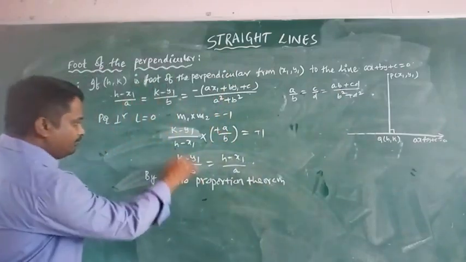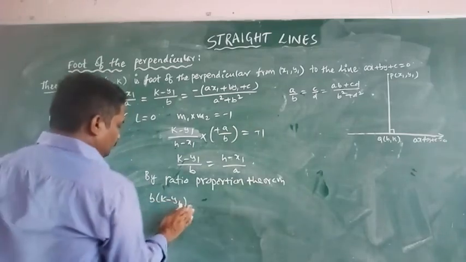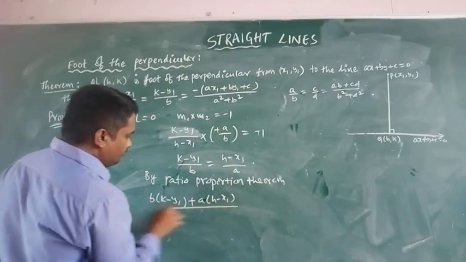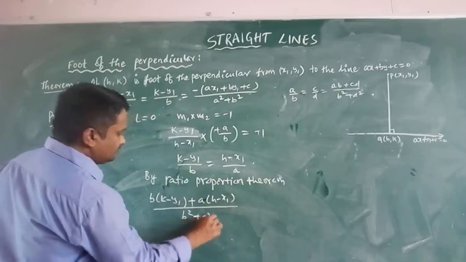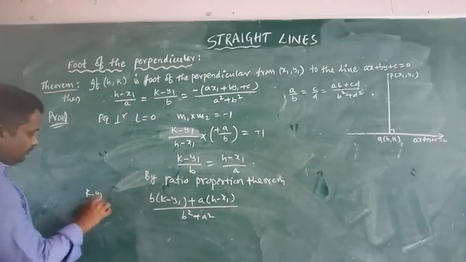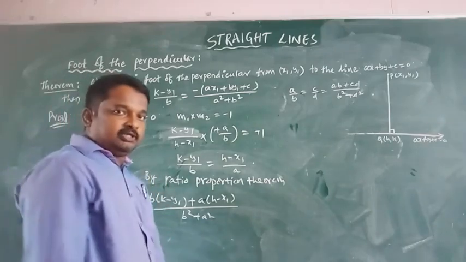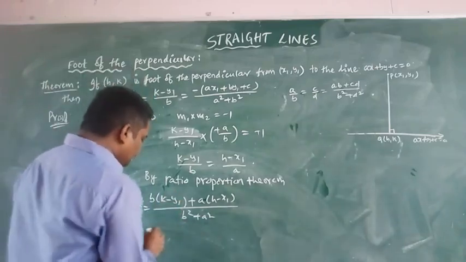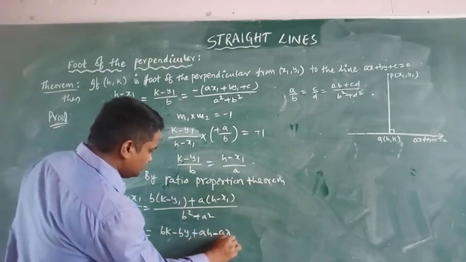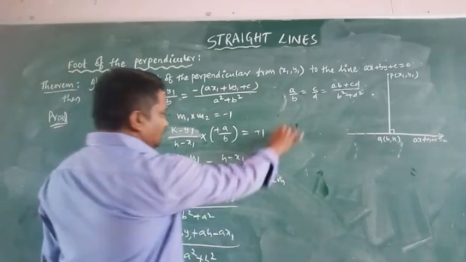So how can we write this? b(k - y1) + a(h - x1) over b² + a². This equals the previous one, that is (k - y1)/b = (h - x1)/a, equal to this by ratio and proportion. Simplifying, we get (bk - by1 + ah - ax1)/(a² + b²).